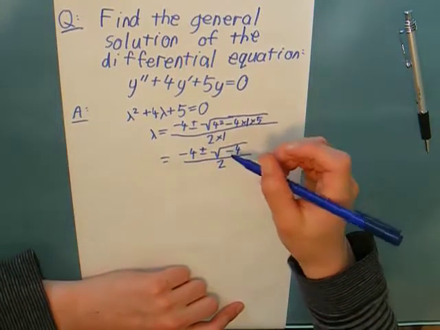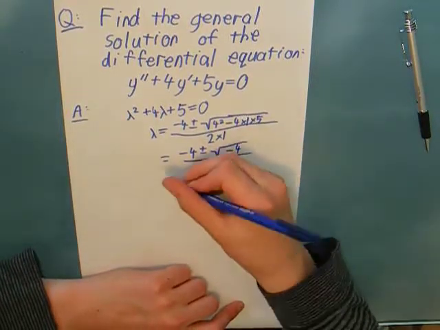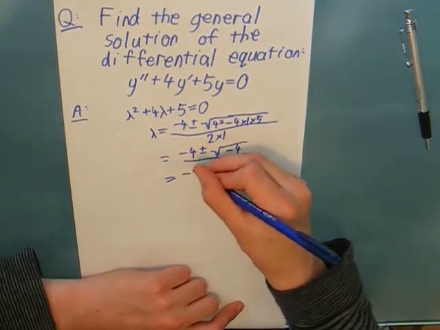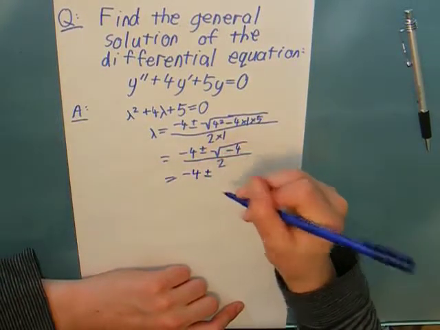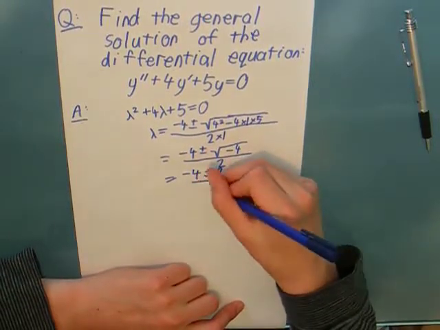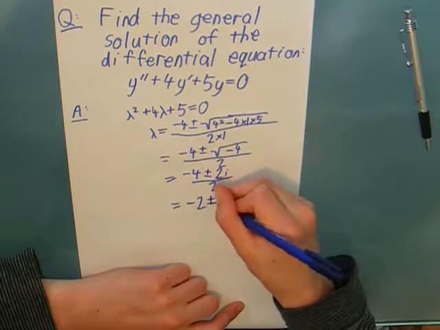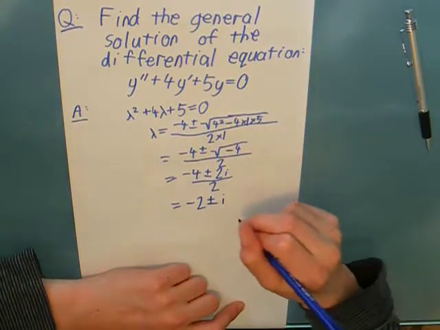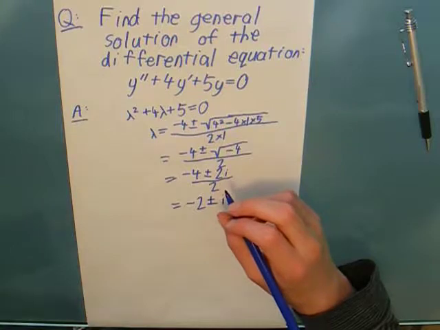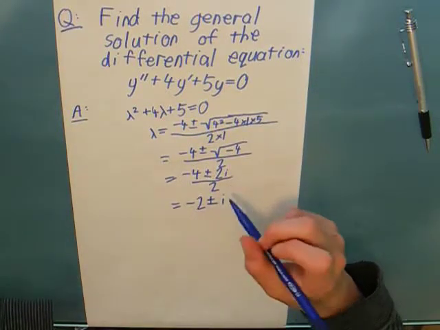Now, as you can see, this is going to involve complex numbers because I've got root of a negative number here. That is equal to -4 plus or minus 2i over 2 equals -2 plus or minus i. Okay, so those are the solutions to the auxiliary equation.